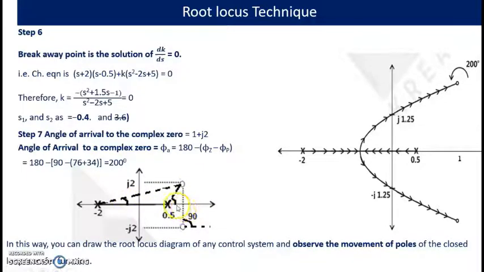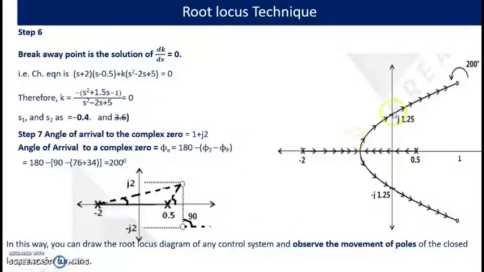This angle is 76 and this angle is 34. So this is equal to 200. So the angle of arrival for this particular pole is 200. Then by symmetry, the angle of arrival to the complex zero minus 1 plus j2 will be minus 200.